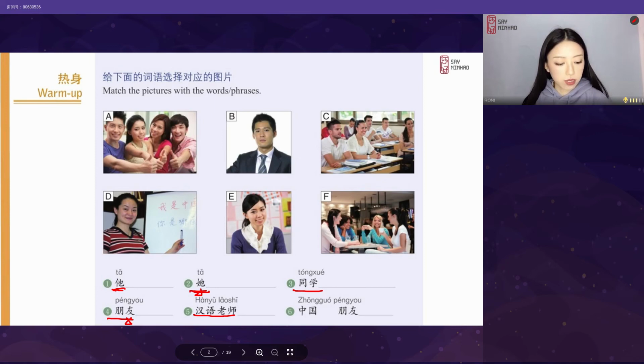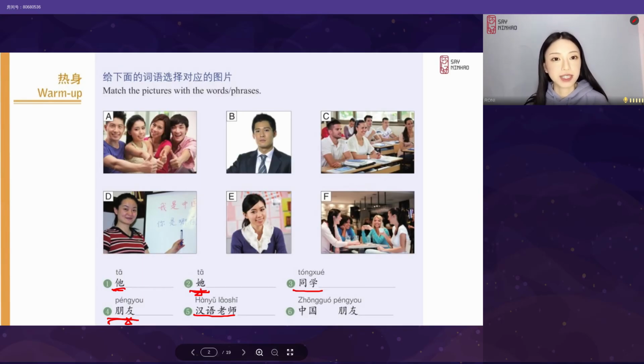Okay, last one is 中国朋友. This one is really easy to guess its meaning. 中国 we've already learned, it means China, right? And 朋友 we've learned here, it means friend. So 中国朋友 means Chinese friends.